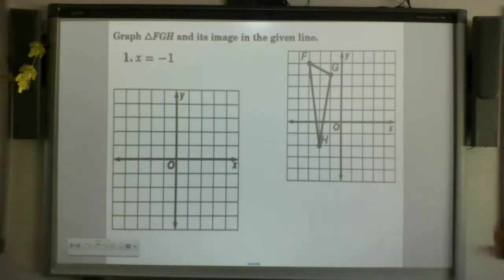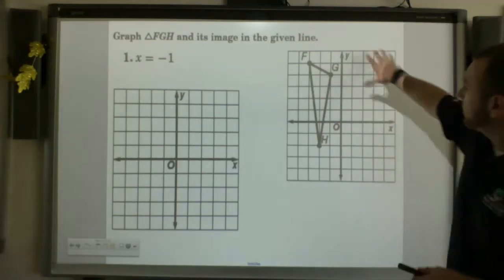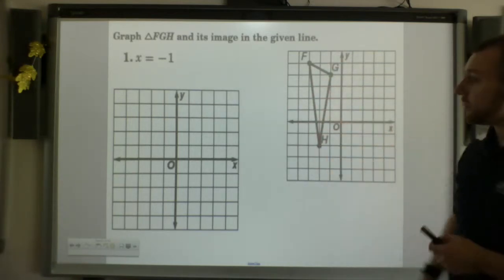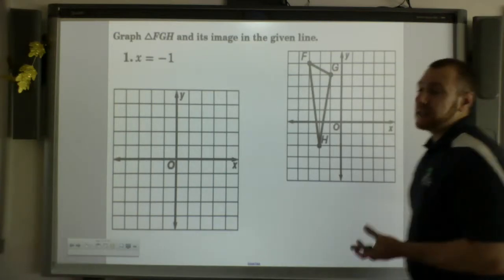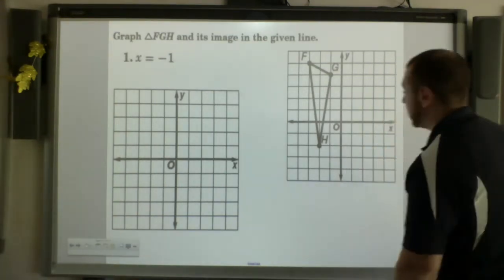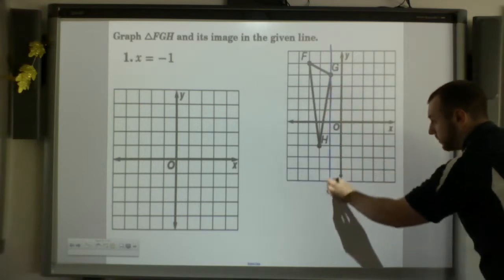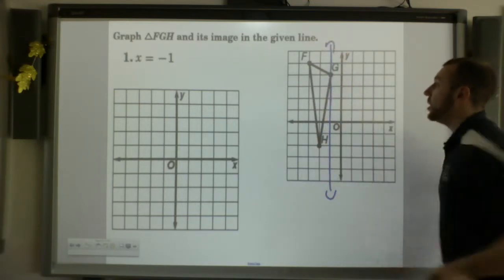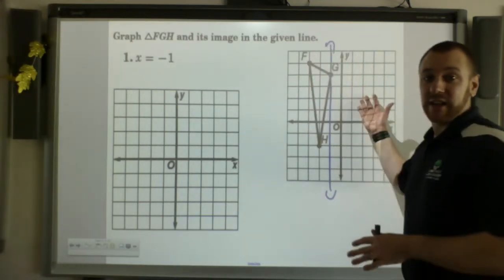Now comes that x equals a number. So we have this figure right here. If you have it blank, you might want to copy it over. X equals -1 line means that at -1, I'm going to draw a vertical line. And all I do with that vertical line is reflect this figure in it.